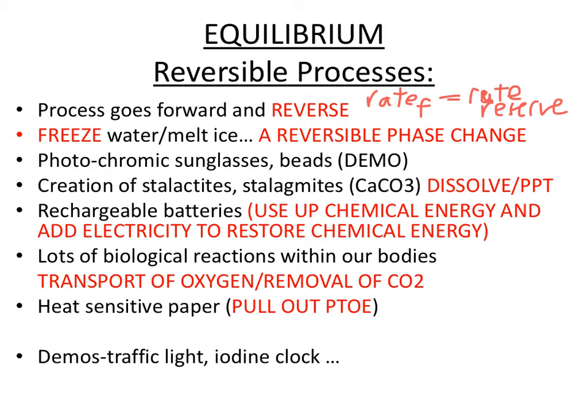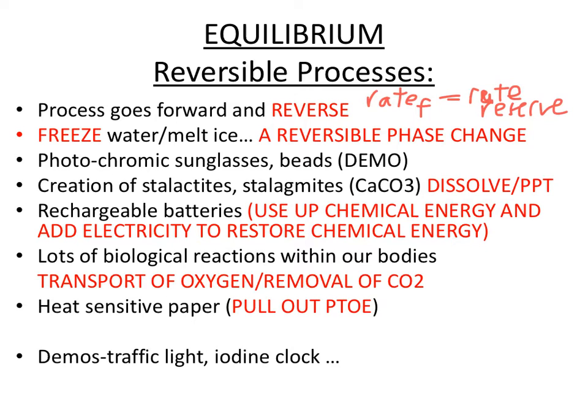Some examples of a system in equilibrium would be if you have ice cubes and water, where the ice cubes are melting. You have a reversible phase change taking place. If you own some of the sunglasses that respond to sunlight by changing color and then change back when you're inside, that's also a reversible photochromic process.